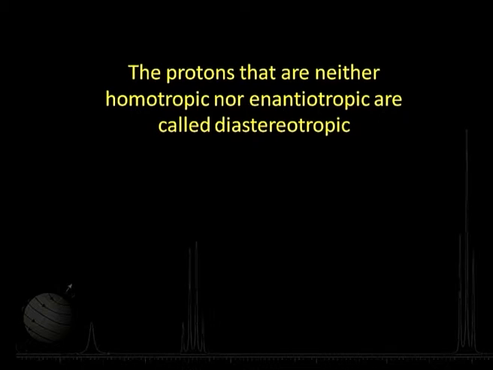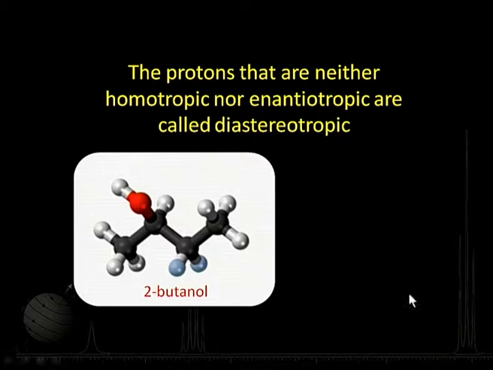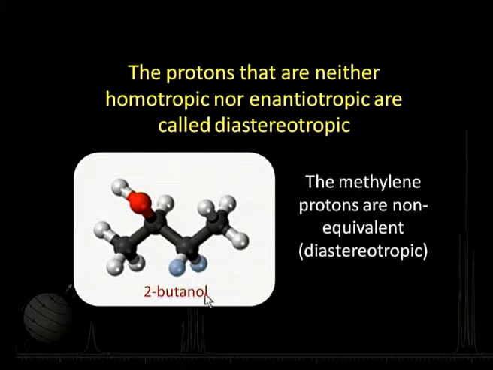That means they are non-equivalent, and such protons are called diastereotopic. Let us take some examples here, say a molecule of 2-butanol. In 2-butanol, these methylene protons, which are slightly shaded here, are not related either through rotational symmetry or through reflection symmetry, and so these two protons are said to be diastereotopic. So, they are non-equivalent protons.